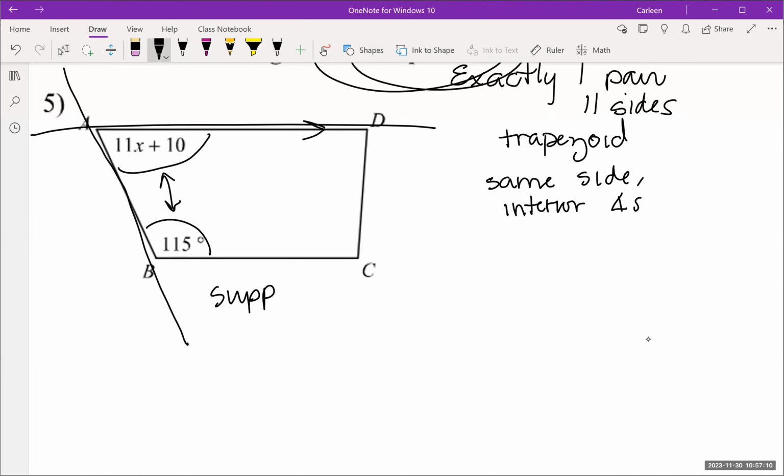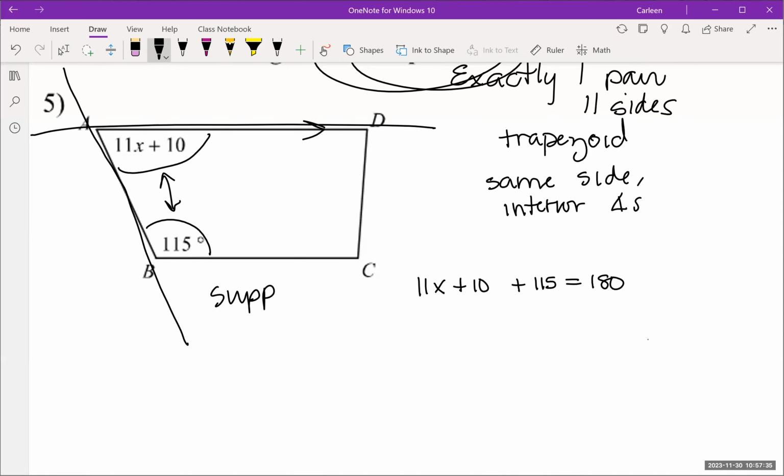Supplementary, ding. Oh, good try. It's actually 180. I would have to add all 4 of them to get 360. But thank you. 11x plus 10 plus 115 is equal to 180. Yeah, because they are supplementary.